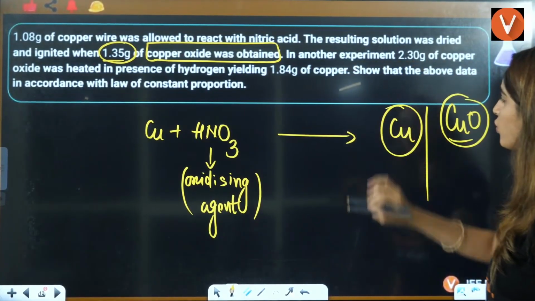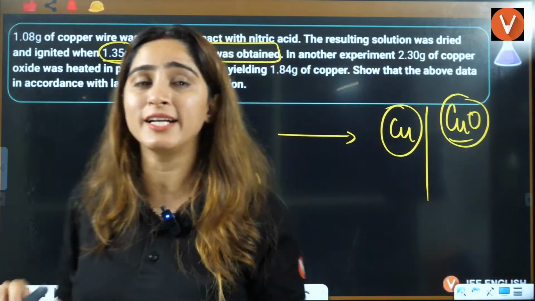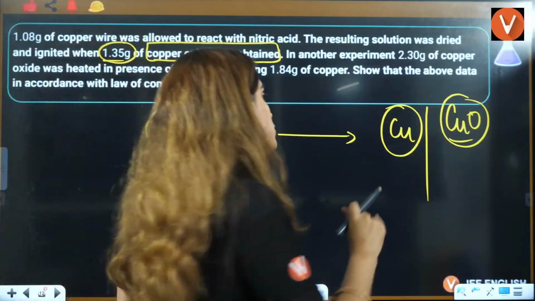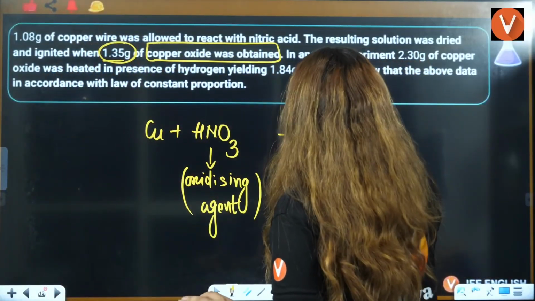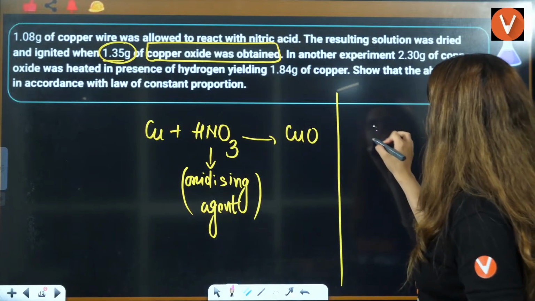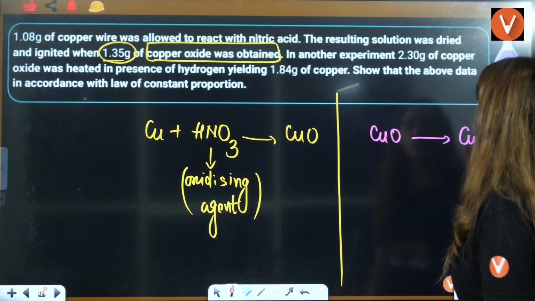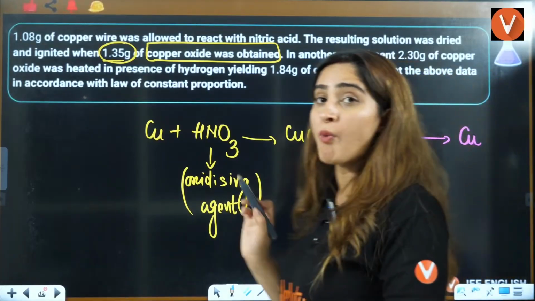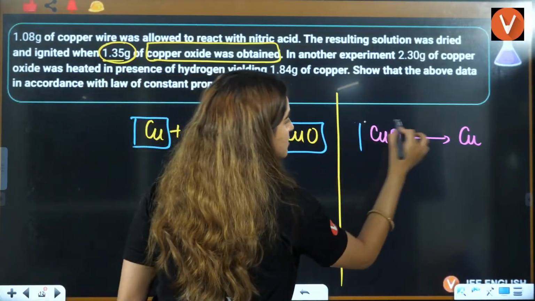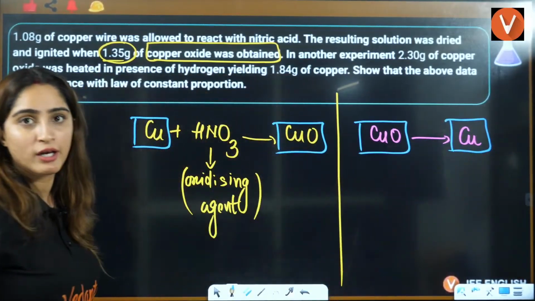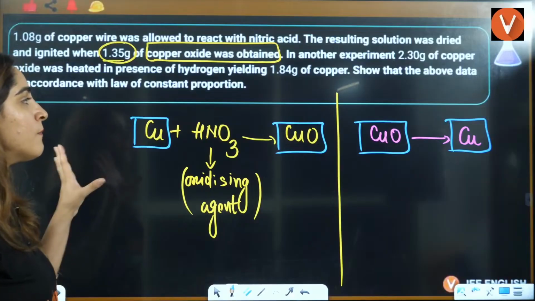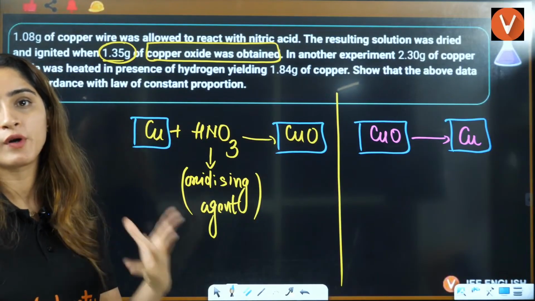So what you have to do is see, if you take a constant amount of copper oxide, whether it gives the same amount of copper in both experiments. In one experiment you are getting copper oxide, and in the second, copper oxide is being heated giving you copper. Your main focus point should be this. Just like we did in the last experiment, we fix one amount of copper oxide.